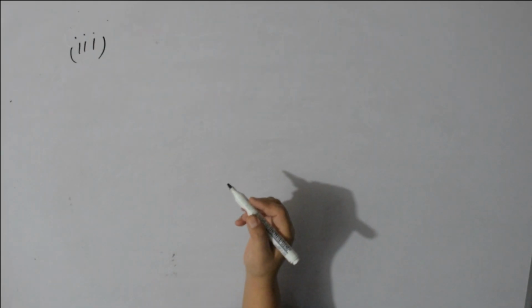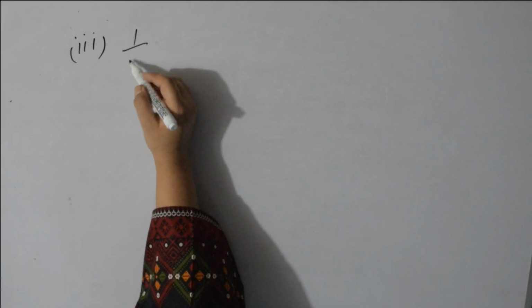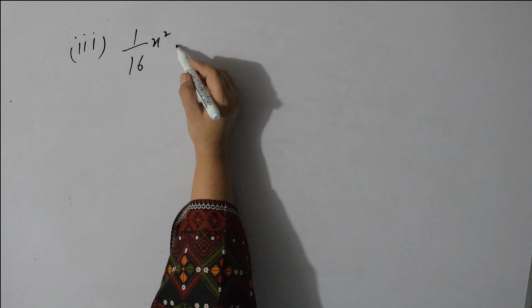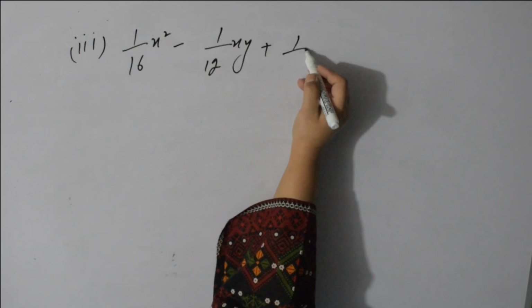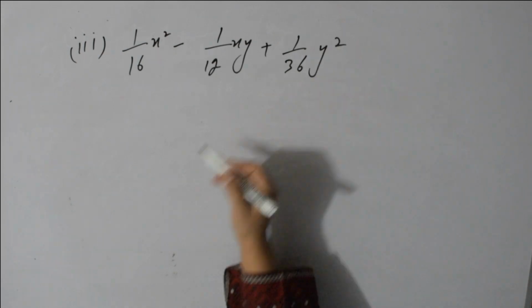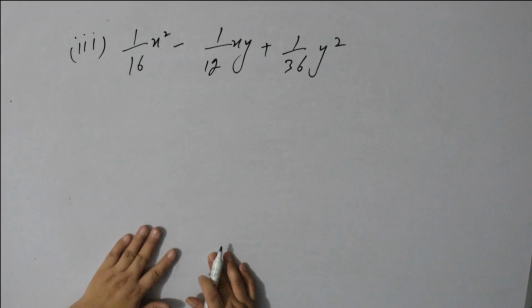Third part is one upon 16x square minus 1 upon 12xy plus 1 upon 36y square. This is the third part. I'm just giving you hints that you can write it in standard form.